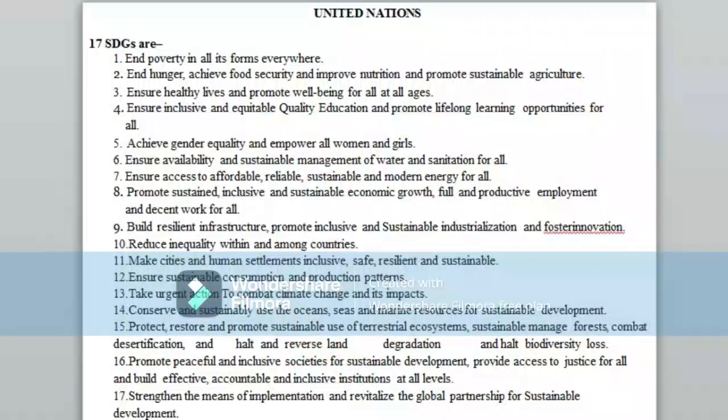Let us see in more detail. The first goal acts at the ending of poverty in all its forms everywhere. So how are these goals acting? The United Nations Sustainable Development Goals aim to end poverty in all forms, whether it is malnutrition or hunger. The second goal is hunger, which achieves food security, improves nutrition and promotes sustainable agriculture.